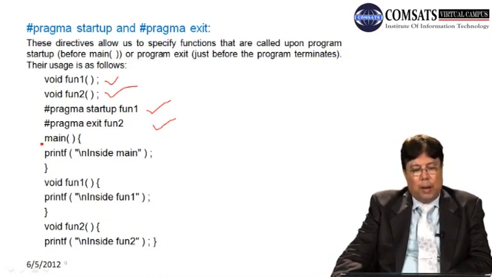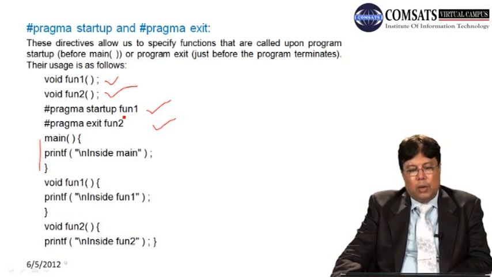This is your main program. At the time of startup, when the control is transferred to main, you said that at startup it should execute fun1, meaning this function should be executed first.